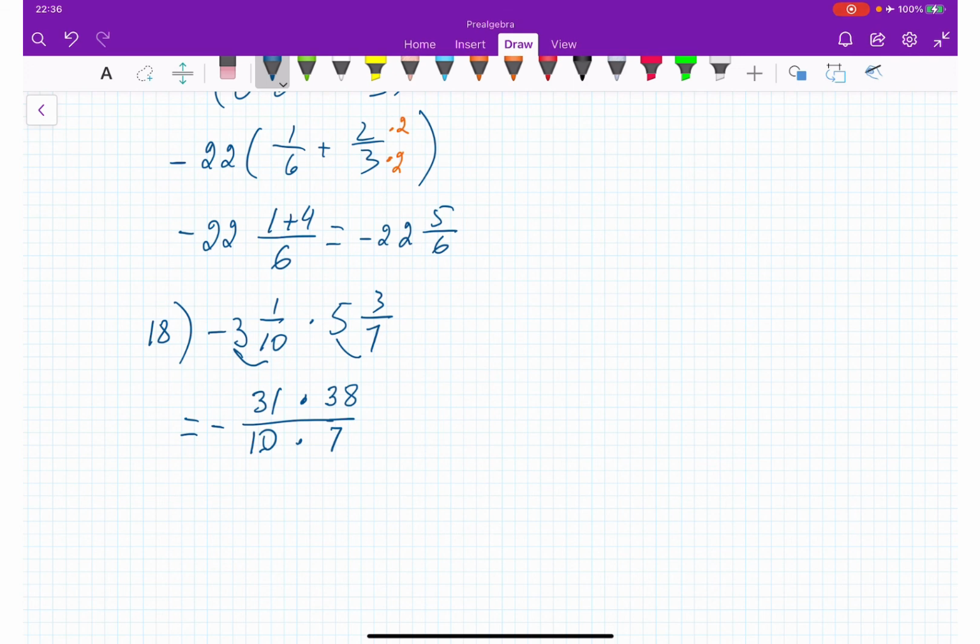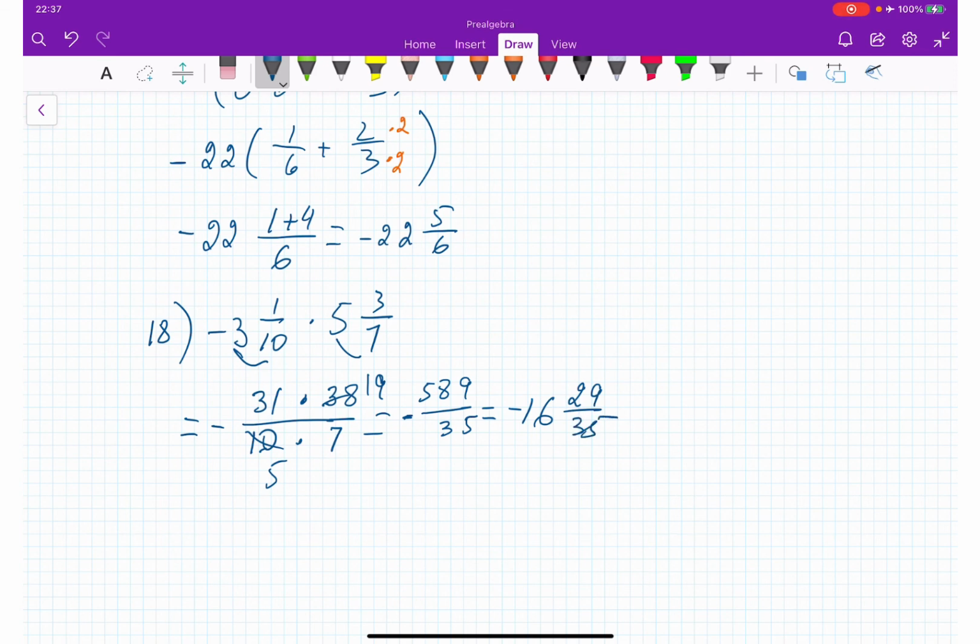So 10 and 38 reduced by 2, it's going to be 5, here it's going to be 19, and the answer is going to be negative 589 over 35. Okay, and if we convert into a mixed number, it's going to be negative 16 and 29 over 35.